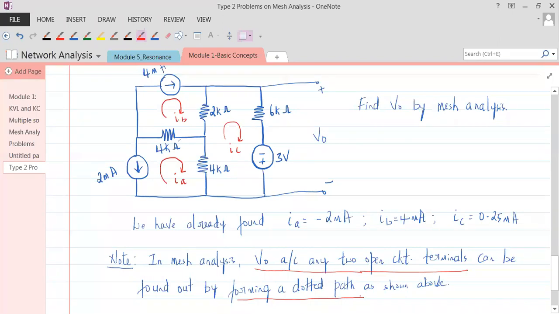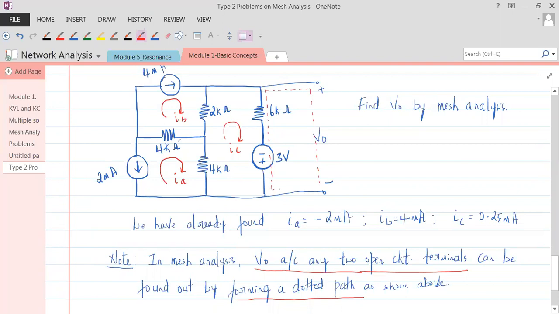So how to form a dotted path? Everybody just look at what I'm doing now. See here. So this is where I come. So this is the path. This is the path, mind you. Okay. So let's form a dotted path like this. Okay. This dotted path should consist of this voltage V naught.